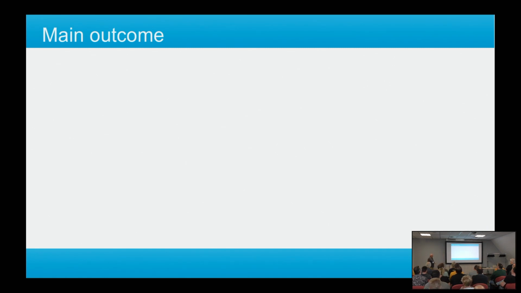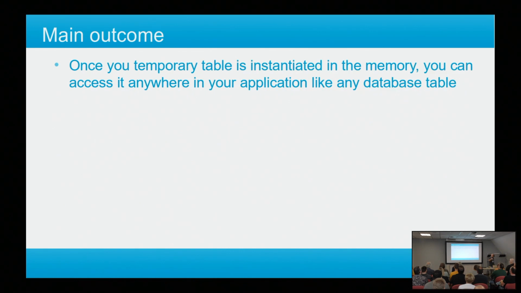But using the techniques shown in the examples, wherever in your application you can access any temporary table which was created in your progress session, no matter where it was created. If it is in the memory, you can reach it, and you can work with it, you can access data, you can modify it.